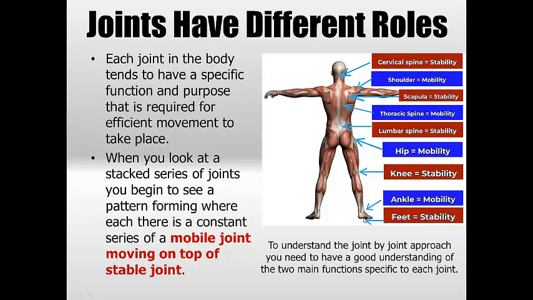All right, so usually the stabilizing ones are the ones that end up in trouble, and usually the mobilizing ones are the ones that end up with stiffness. Ironically, the stabilizing ones usually end up with too much mobility. So basically everything's doing its opposing role, which is kind of strange.